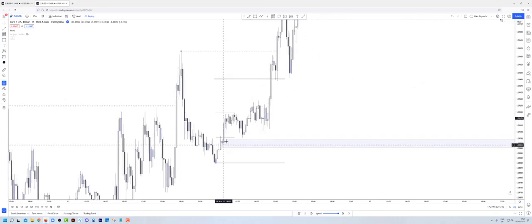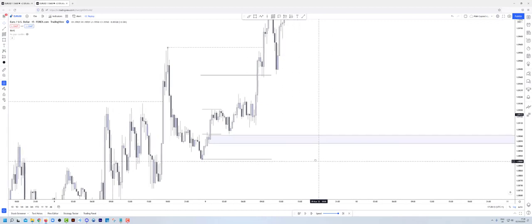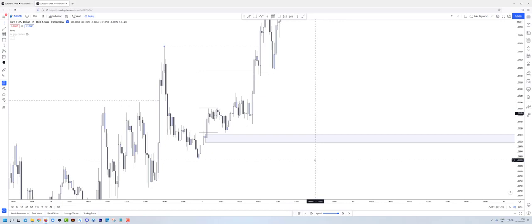So this area is now in an unmitigated 15-minute substructure, in an unmitigated 15-minute major leg, and also in an unmitigated 4-hour discount as well. So it's got all of that going for it.